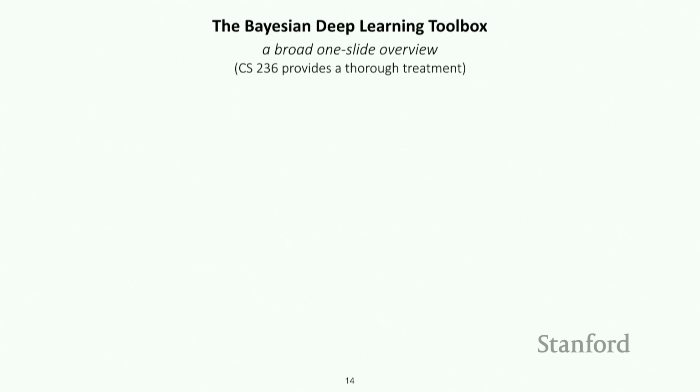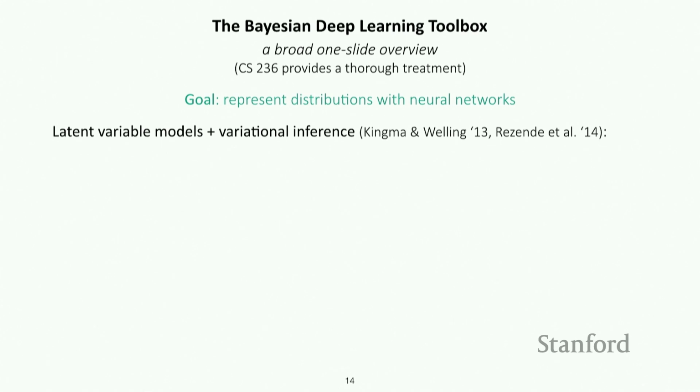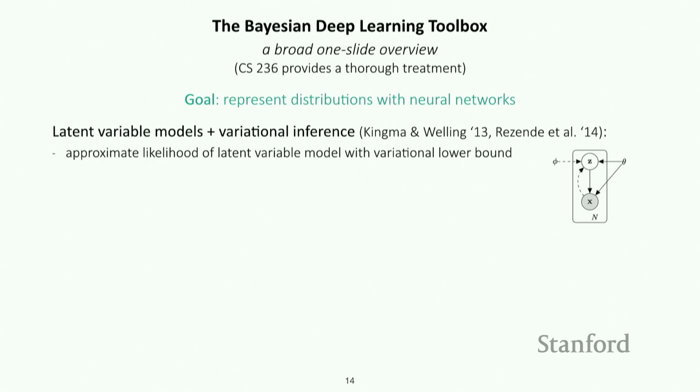Okay, so the general goal of these types of approaches is to think about how we can represent distributions using neural networks. There have been a number of approaches for doing this, and a very popular approach is to use latent variable models, and then optimize them with variational inference. What this corresponds to is a graphical model on the right, where we have latent variables z and observed variables x.